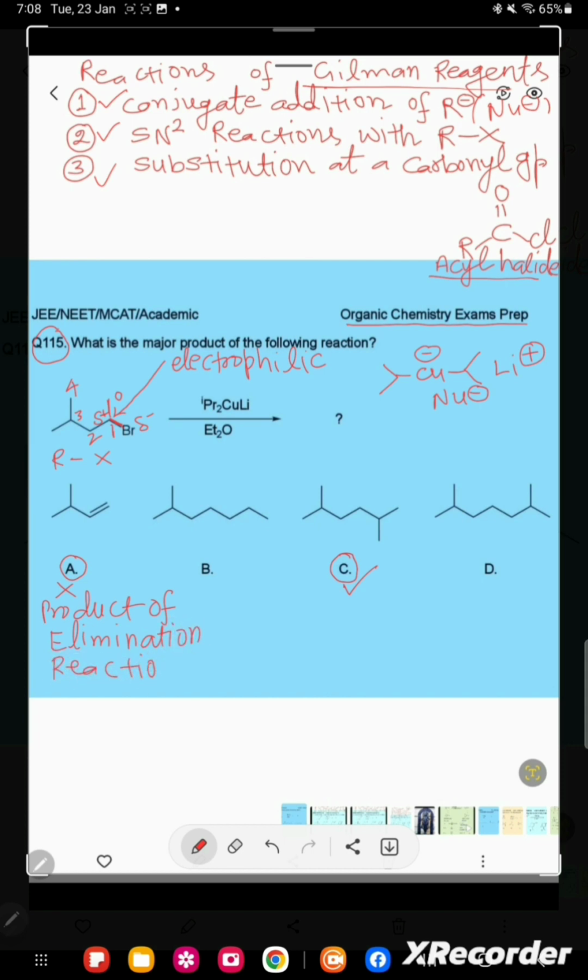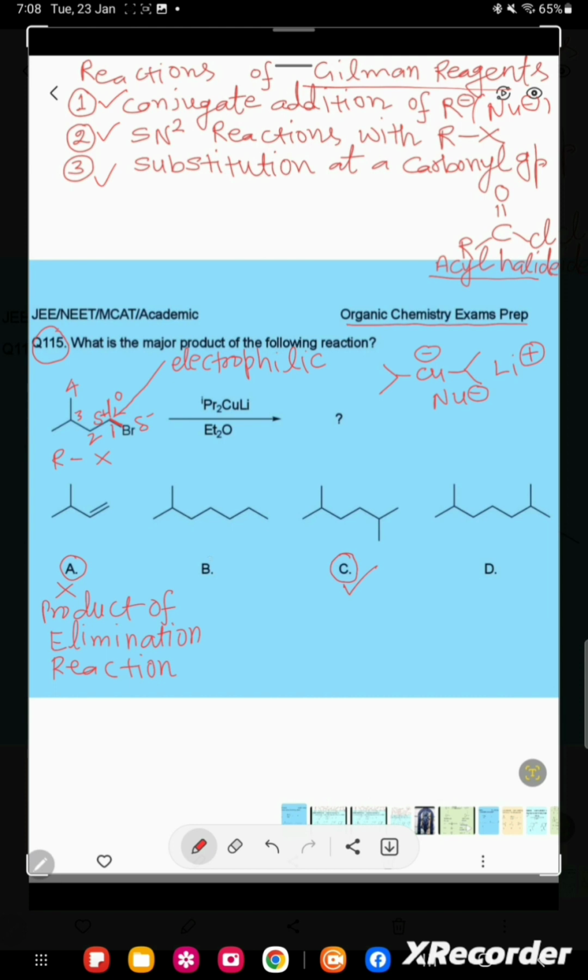Now, nucleophiles can also be bases, and if you have a base, that gives you the elimination product. However, the carbon nucleophile here is not very basic, but it is more nucleophilic. So that's the reason that in this reaction, elimination is not the major reaction, but substitution is the major reaction.